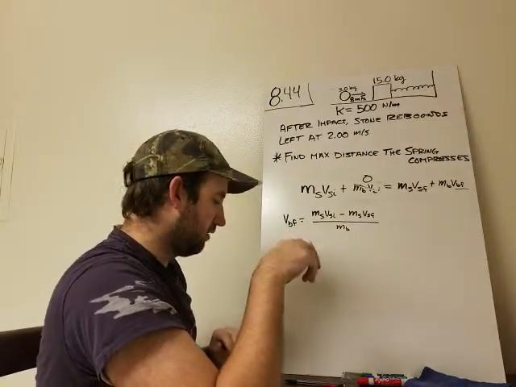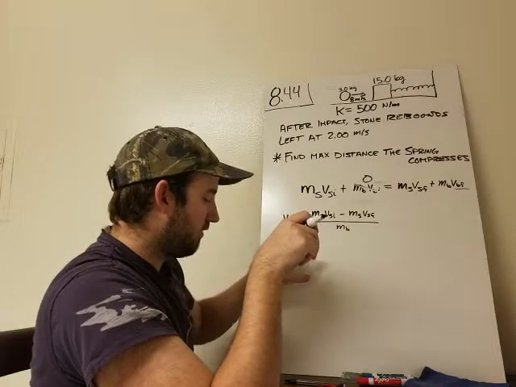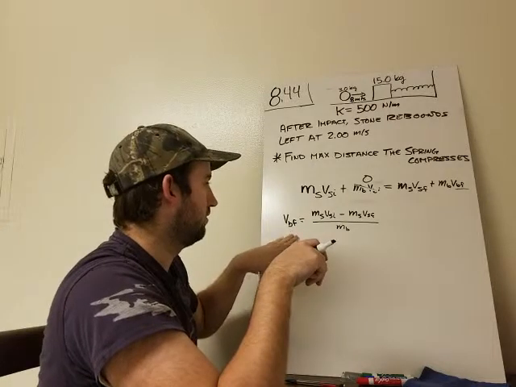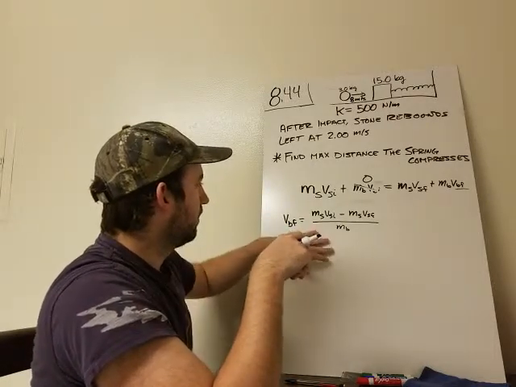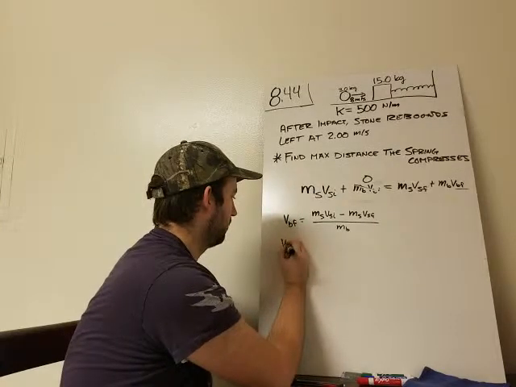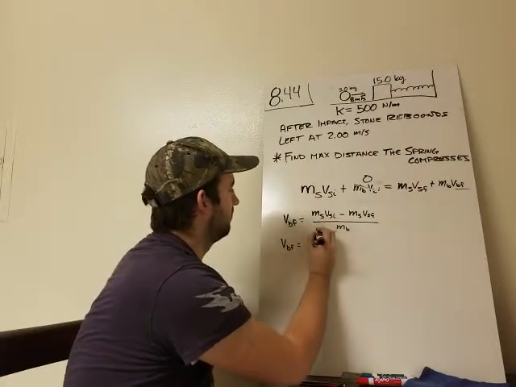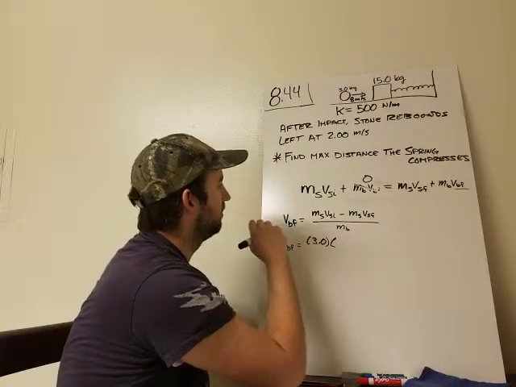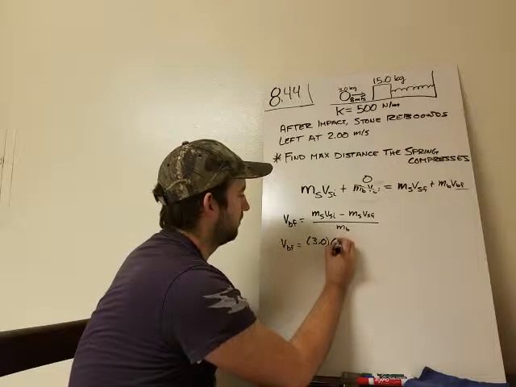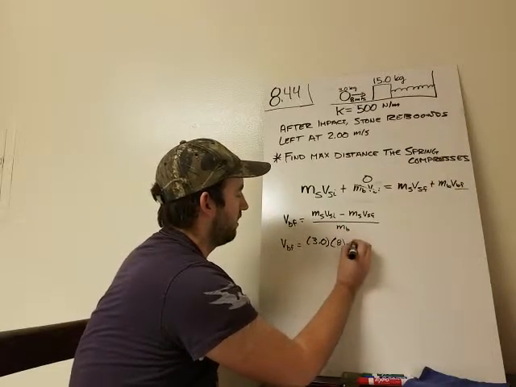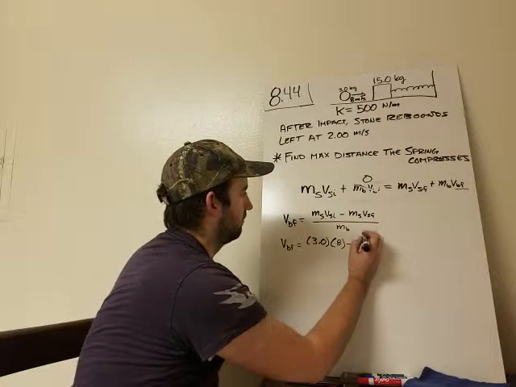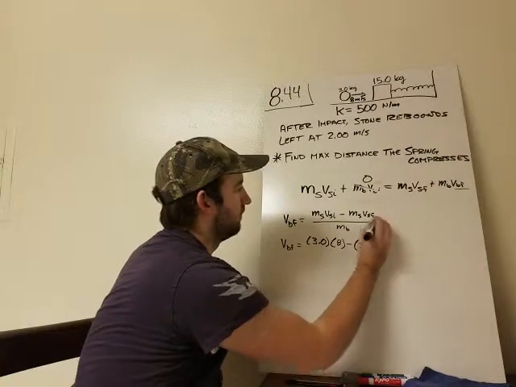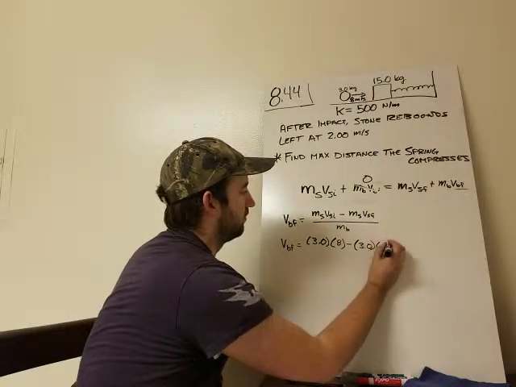So now what we need to do is plug in our values to find what this variable is. When we do that, we get mass of the stone, 3 kilograms, times the initial velocity of the stone, which is 8 meters per second, minus the mass of the stone again, times the final velocity, which is going to be -2.